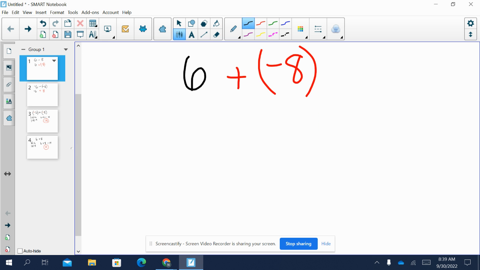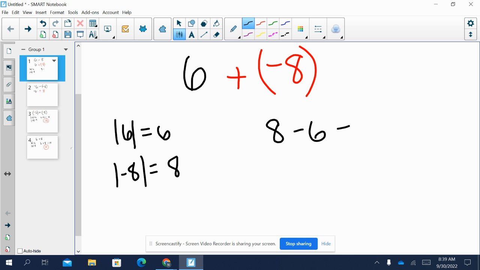So my rule says I'm going to take the absolute value of 6, which is 6, take the absolute value of negative 8, which is 8, and I'll subtract them. I'll pick the bigger number first. 8 minus 6 is equal to 2. And now I go back to the original number. I see that the bigger absolute value is here, and when I go back into the absolute value, I see it's a negative. So my overall answer is going to be a negative 2.